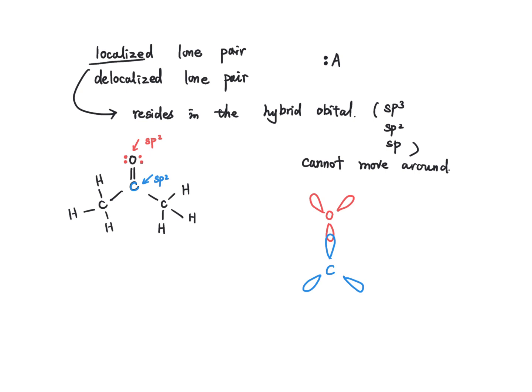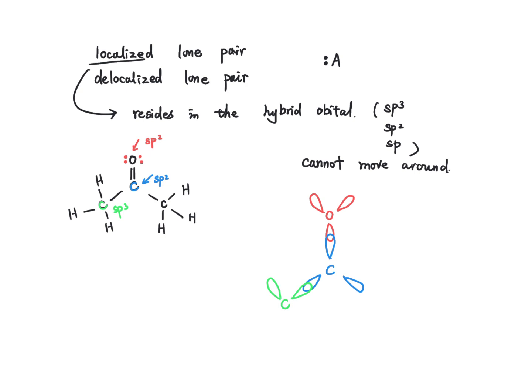Now if we look at the carbon on the left or the carbon on the right, they are the same thing. Because it has two single bonds, four things around it, it is an sp3 carbon. So an sp3 carbon will have four sp3 orbitals. One is used up to form that sigma bond, that single bond with the sp2 carbon in the middle, the blue carbon.